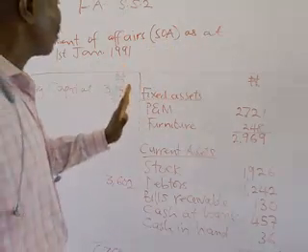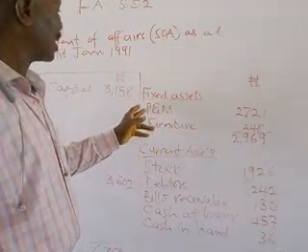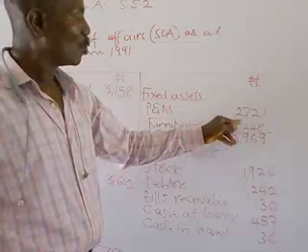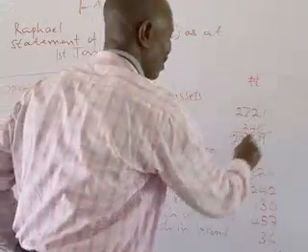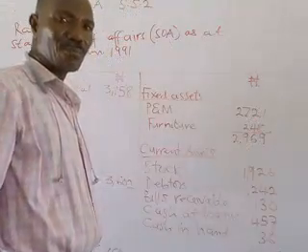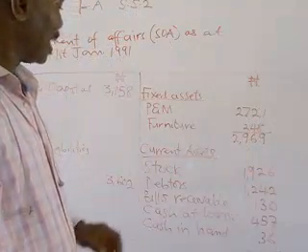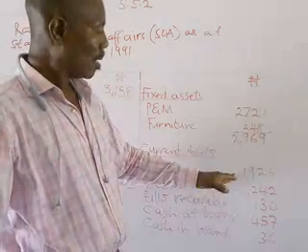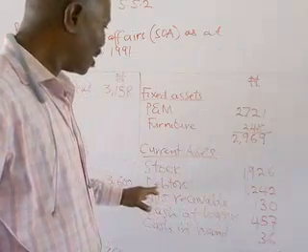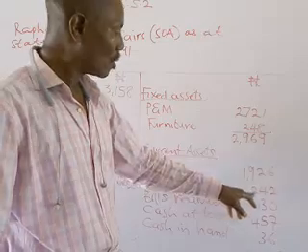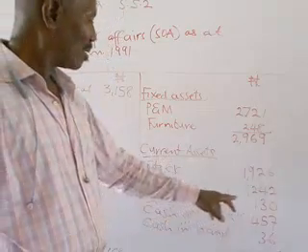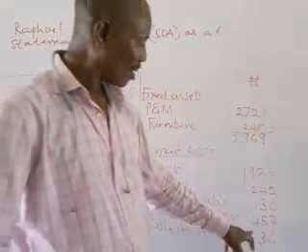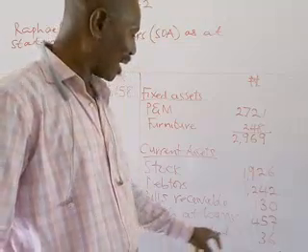You start with the fixed assets. You have plant and machinery, 2,721, and furniture, 248. Add these together, that will give you 2,969. Then under the current assets, you have the stock, 1,926, debtors, 1,242, bills receivable, 130, cash at bank, 457, then cash in hand.